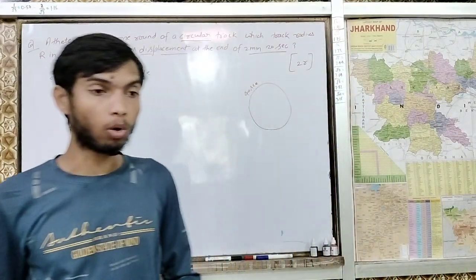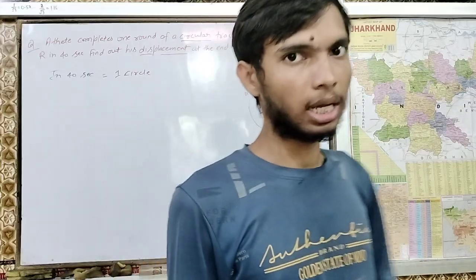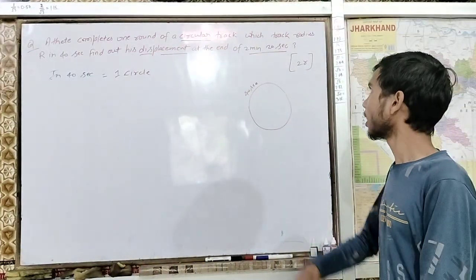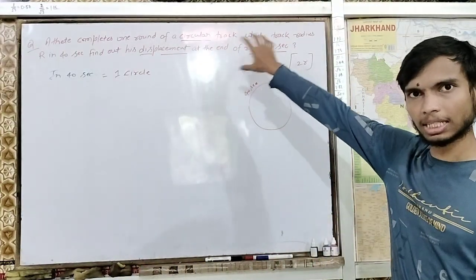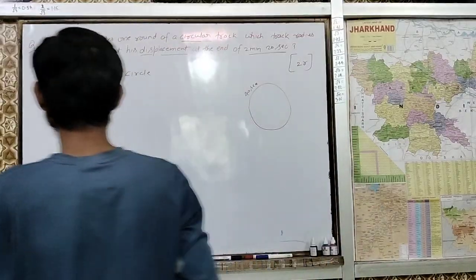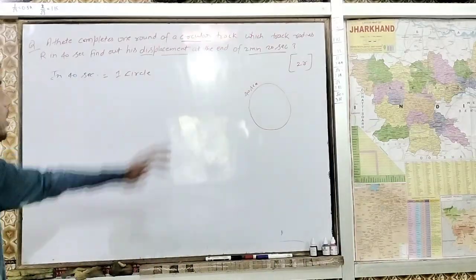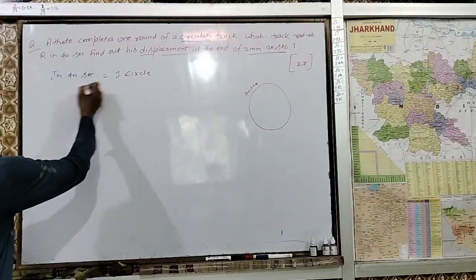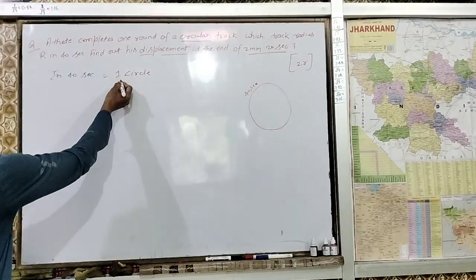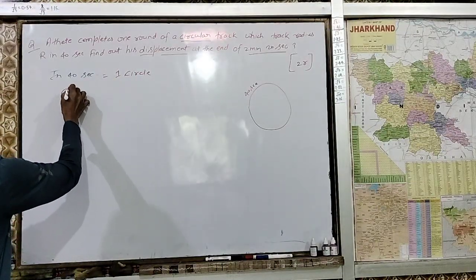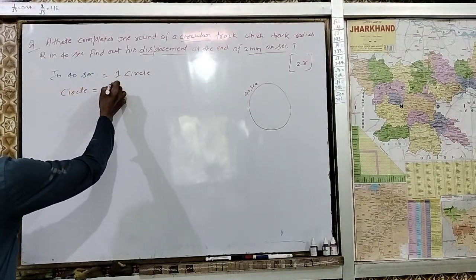Let's find the number of circles we get in this much time. So in one circle, how much?